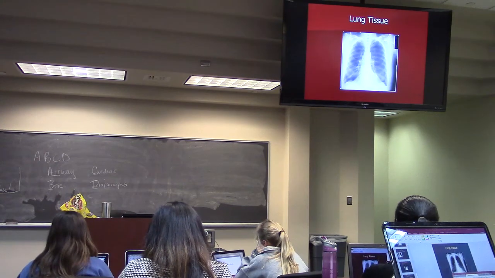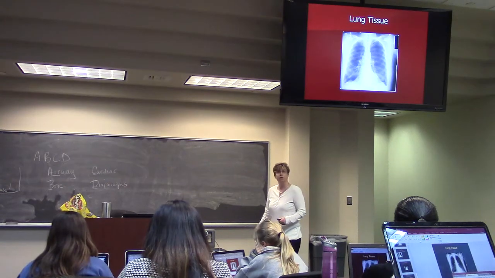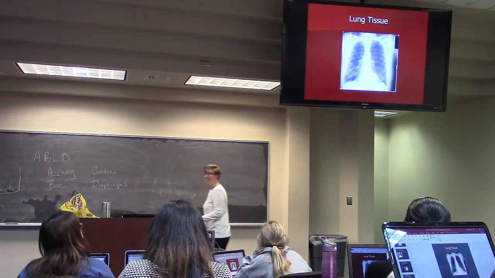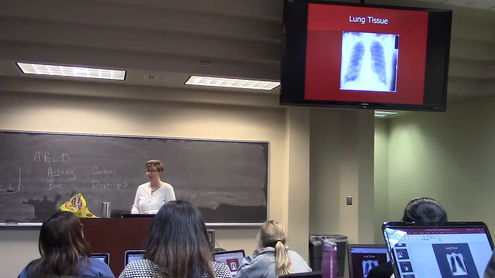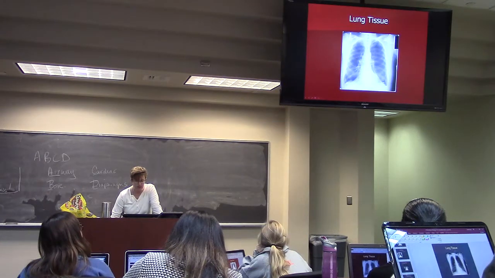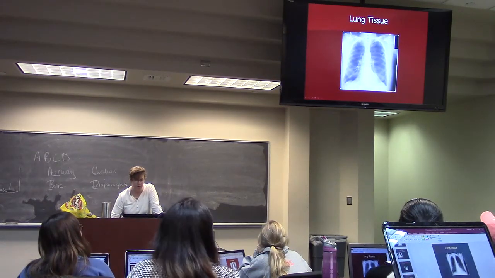Lung tissue. There's no lung tissue going all the way out. Is that easy to see? Do you see this line? Yes. See how it comes all the way up here?